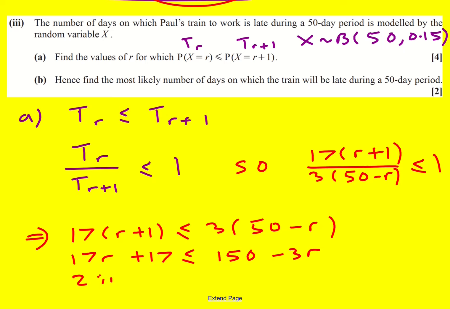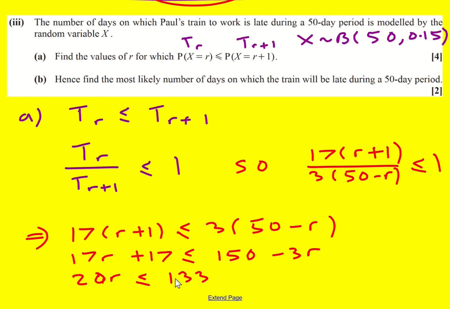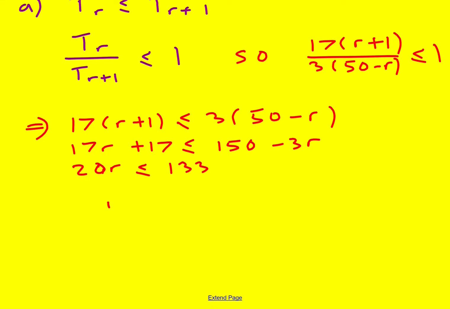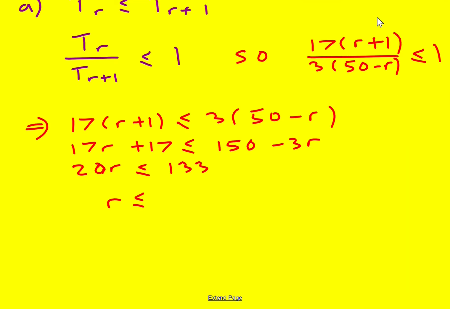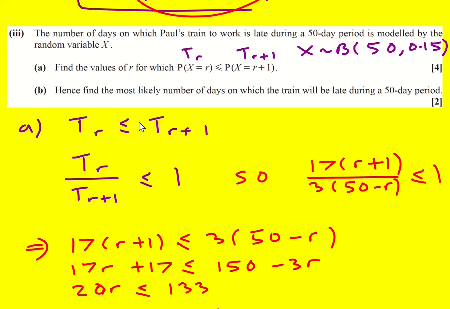Sort it out, we're going to get 20r less than or equal to 133, so r less than or equal to 6.65. But remember, don't forget, r is a whole number.